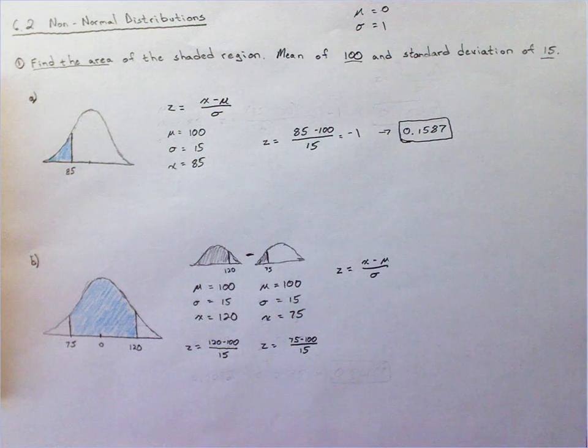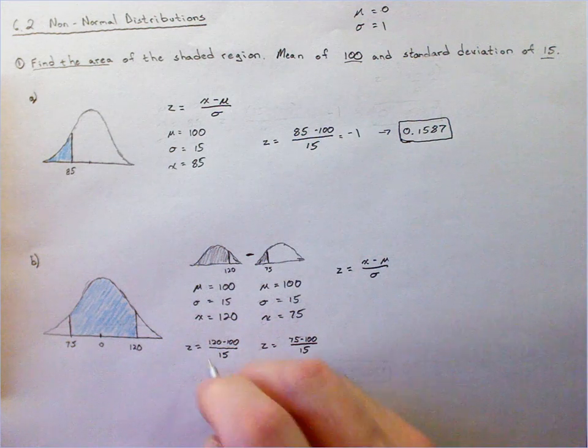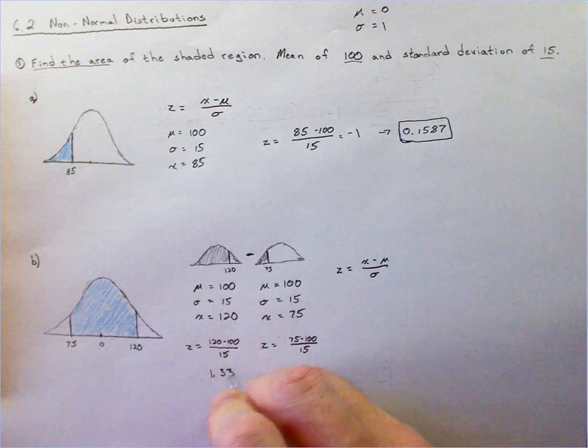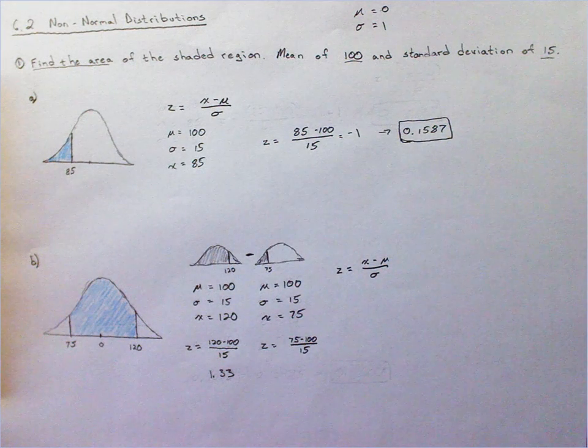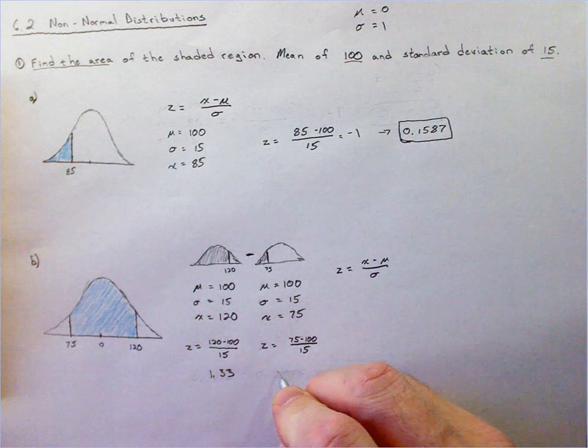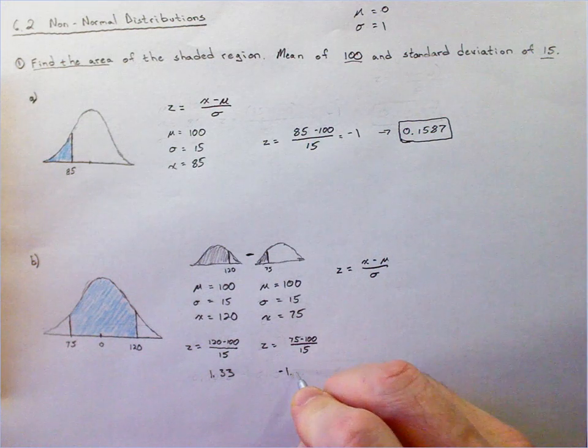A little calculation. That is going to be a z-score of 1.33. And this is a negative z-score of 1.67.